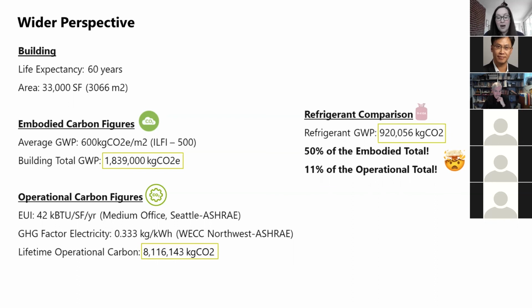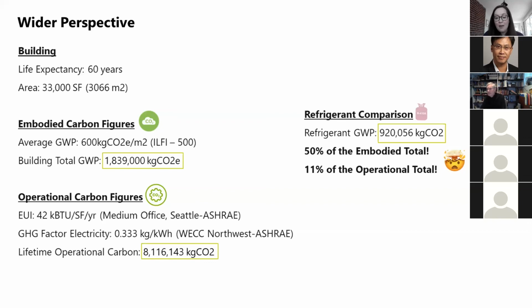Now, if we take a look at the operational carbon figures, since refrigerant falls somewhere between embodied and operational, you'd expect an energy use intensity of about 42 kBTUs per square foot per year for a medium office. Let's pretend it's in Seattle. And then the factor for electricity, based on the greenhouse gas factor for electricity from ASHRAE, is about 0.33 kilograms per kilowatt hour.